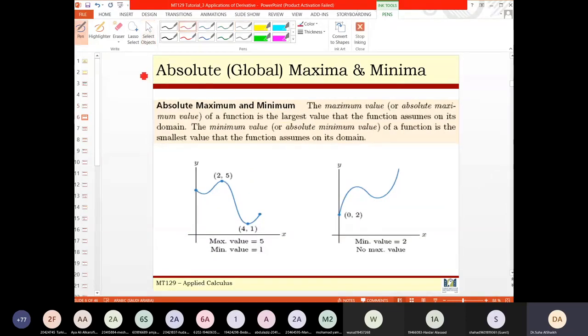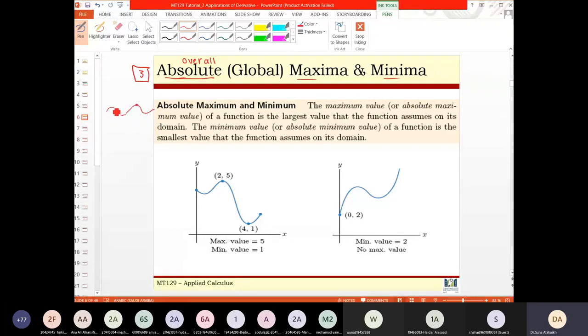Also, we have the third concept, which is the absolute maximum and minimum. What does absolute mean? It means overall. In other words, we can say it is the overall maximum and minimum. We agreed that I may have more than one maximum point.